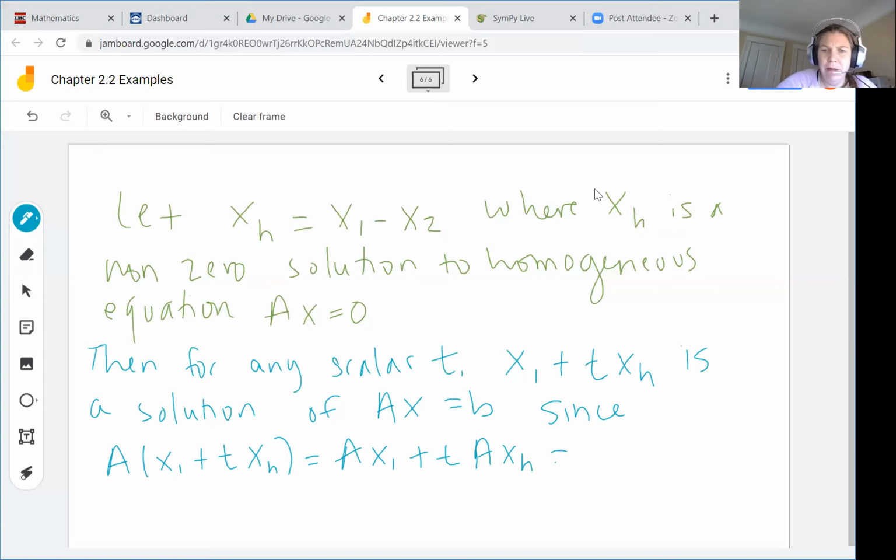And so that's going to be B plus t times 0, because A times X sub H is 0. And so that's just B. All right, so we have shown here that if the system has two solutions, then the system has infinitely many solutions.